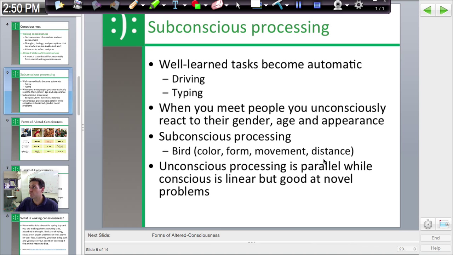Some examples might be driving or typing, right? If you keep typing and typing, you don't have to think about typing, you just do it automatically. Driving is the same way. For instance, last week, I drive the same way to work every single day and had to drop my daughter off at daycare.